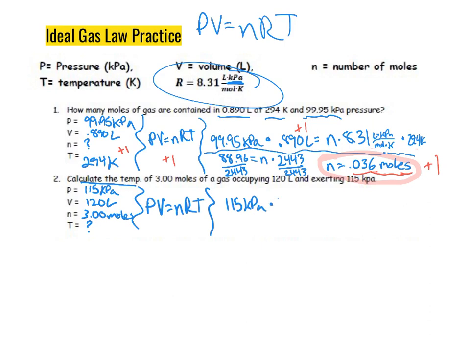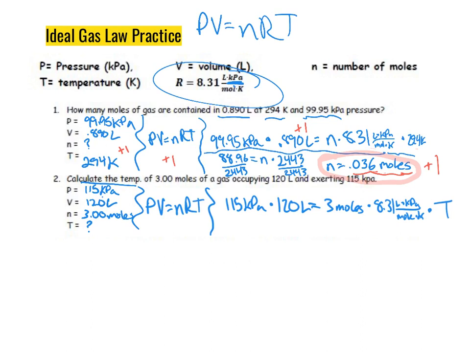So 115 kPa, 120 liters equals 3 moles times R, and we're choosing the R from up above, 8.31 liters times kPa over mole K. And finally, the temperature is the thing that we have as our unknown. So at the very end, we're going to leave a T because that is our unknown.